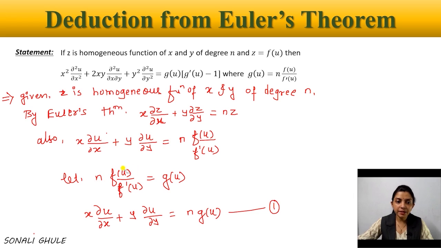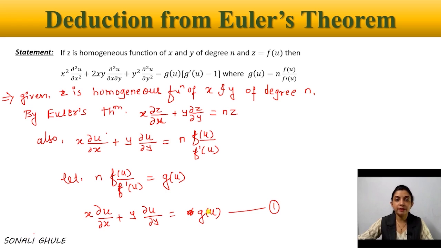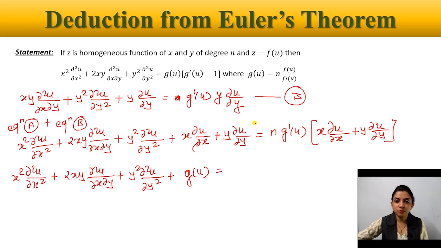Actually, we have taken n into f(u) upon f'(u) is equal to g(u), so this complete term will be replaced by g(u). This n should not be there, so I should not write n here, and there also there will not be n. We only use g(u), and then this will be g'(u), and again I can use the substitution g(u), right?